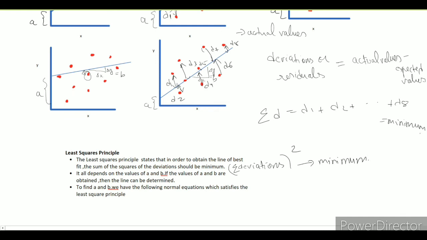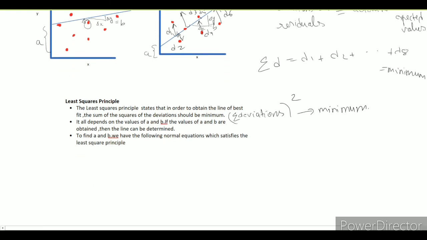And like I've said before, the shape of the line will depend on the value of the y-intercept and the slope. So it all depends on the values of a and b, because by moving these values, the shape of the line changes, and when the shape of the line changes, the deviations also change. So if the values of a and b are obtained, then the line can be determined.